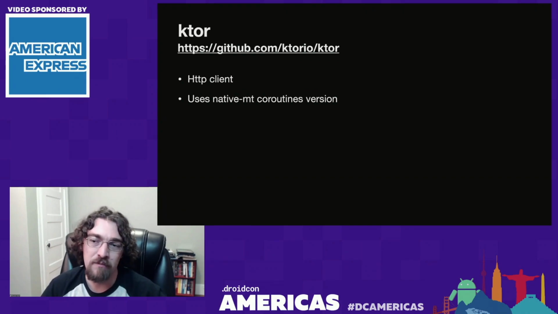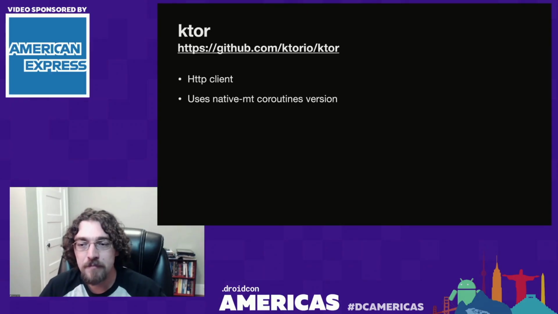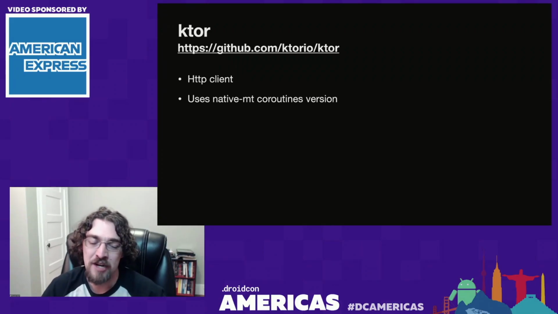So as of 1.4, the Ktor HTTP client, which lets you do web requests from your common code, uses the native MT branch on the native side. So that can lead to a couple different hiccups. One is what I just described earlier, that you might not have been expecting it.